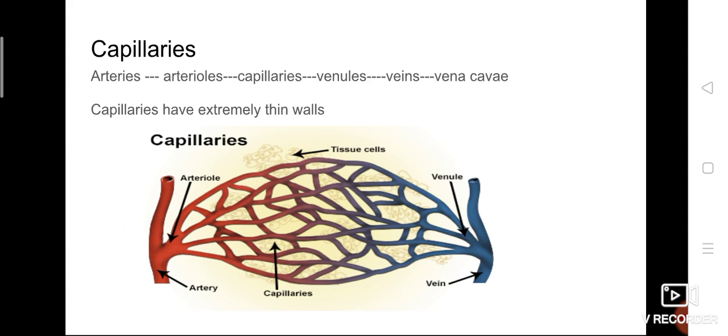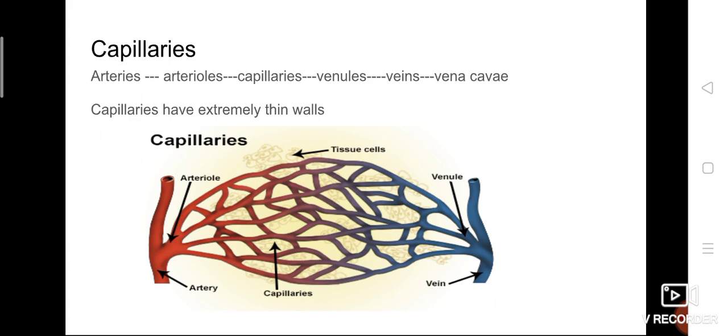So the arteries branch out into somewhat thin tubes called arterioles, and these arterioles further branch to form capillaries. These capillaries join to form venules, and the venules join to form veins, and veins at last become the vena cava. So this is the structure of the capillaries.